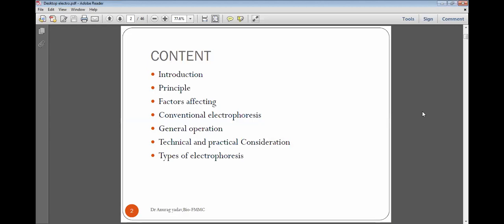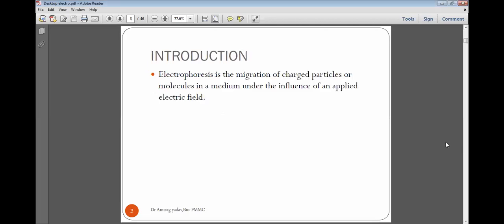Then the principle involved, which factors affect the mobility of ions in electrophoresis, what are the different conventional methods, the general operations, practical considerations, how many types are involved, the instrumentation of electrophoresis, and then lastly the applications of electrophoresis. Very important, that is applications of electrophoresis.